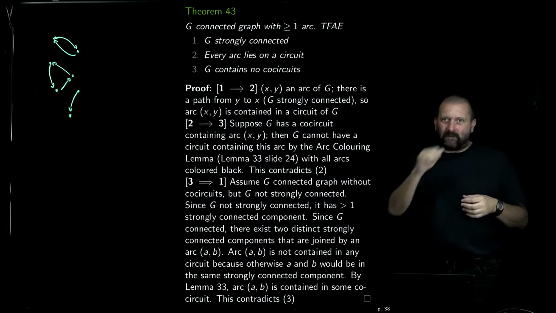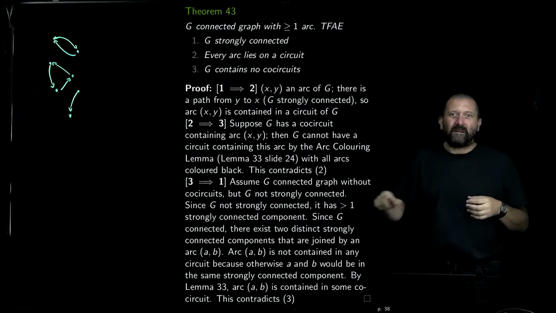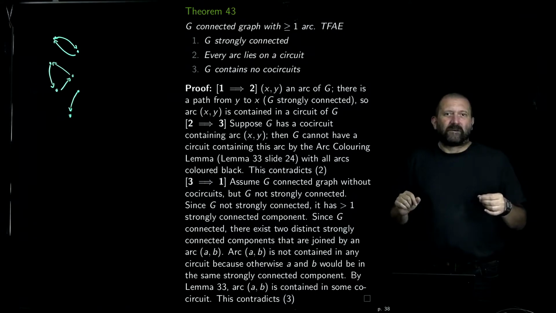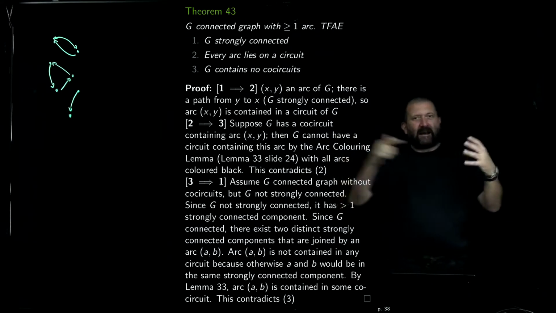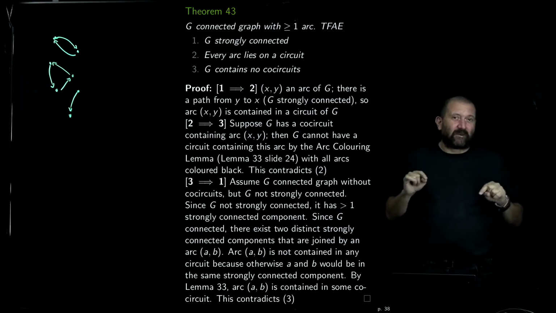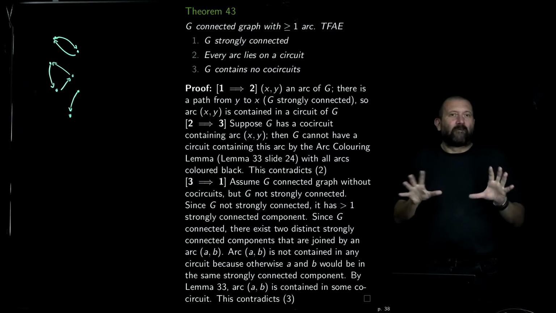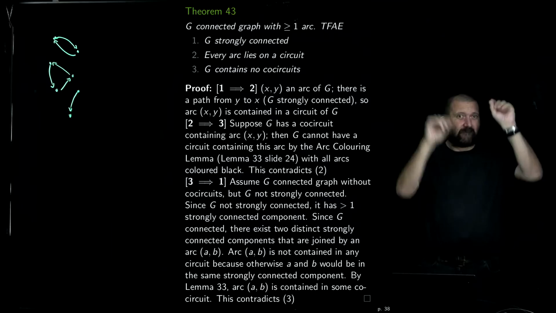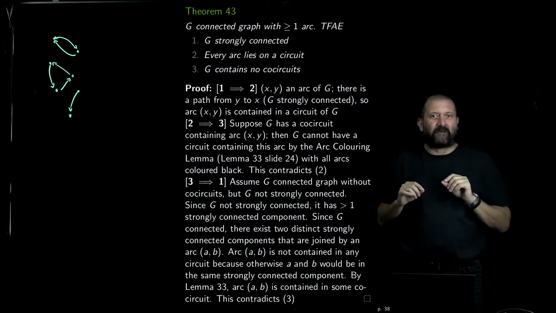Because G is connected, there must exist two distinct strongly connected components that are joined by an arc. Regardless of orientation, I have to be able to access all the vertices in the graph if I forget about following the arrows in the proper direction.